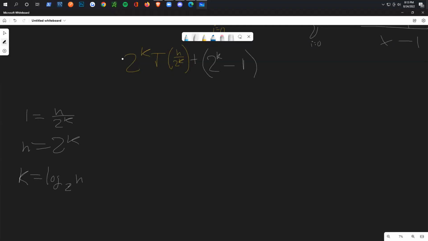Okay, so that's good. Now at this point, let's just plug away. So 2 to the k equals n. We want to remove all of our k's. Let's plug in n for this. So we have n times, this just becomes a 1, because you can plug in n over n is 1, T of 1 equals 1, etc. So we have n times 1.